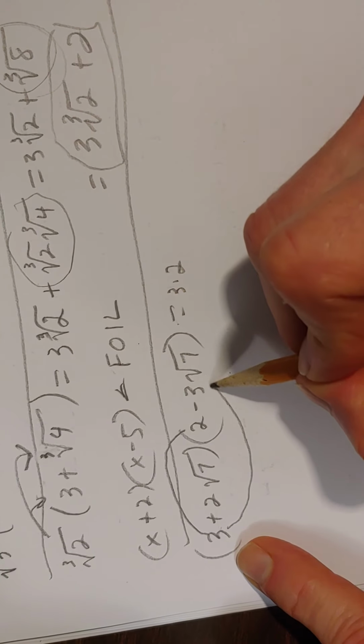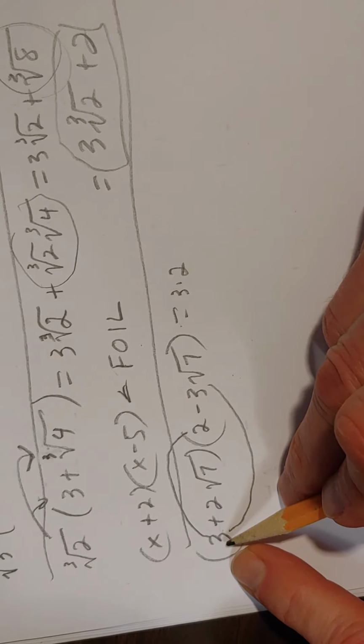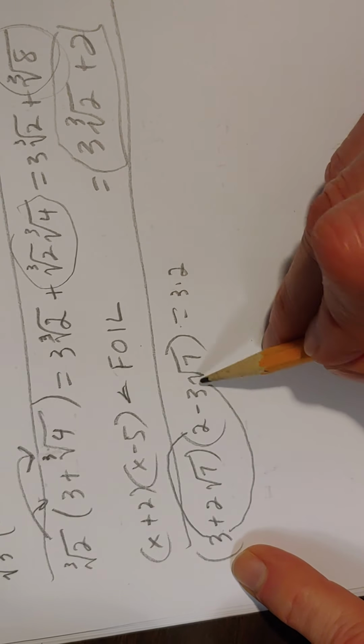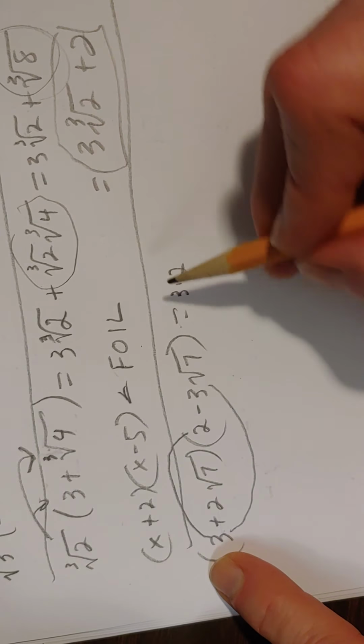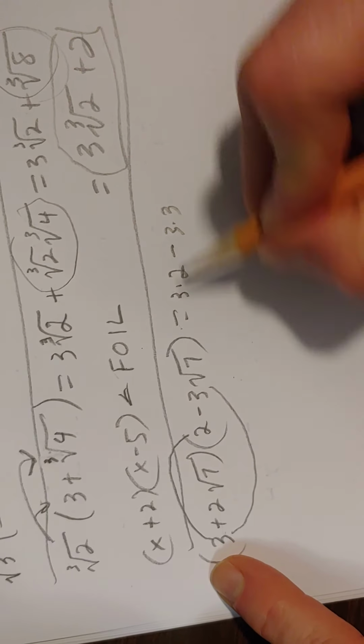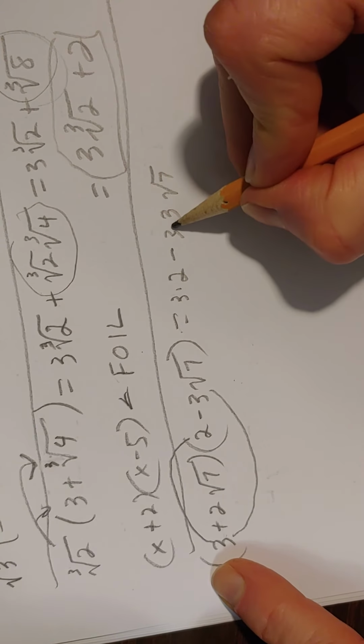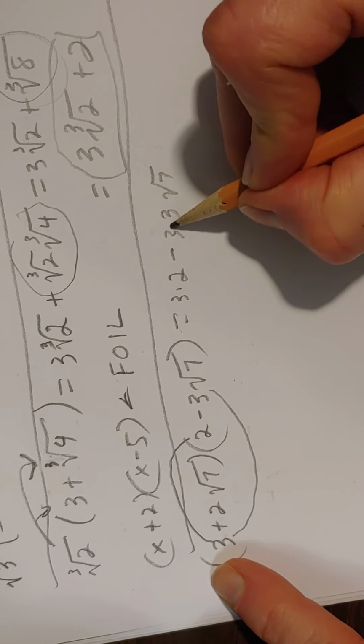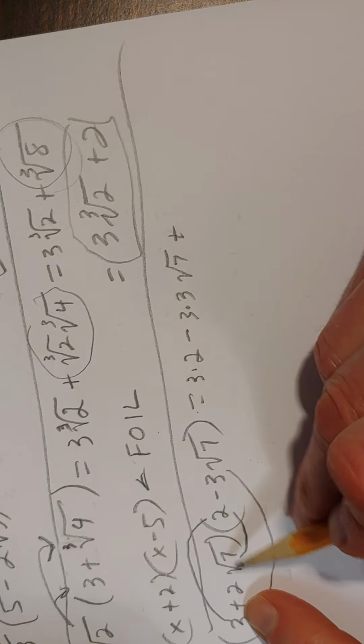Outsides of these two. So we have 3 times, this is like a negative 3. So we have a positive times a negative, minus 3 times 3 times square root of 7. Insides of these two, notice no negative sign here, so it's just positive times positive, positive. 2 times 2 times square root of 7.